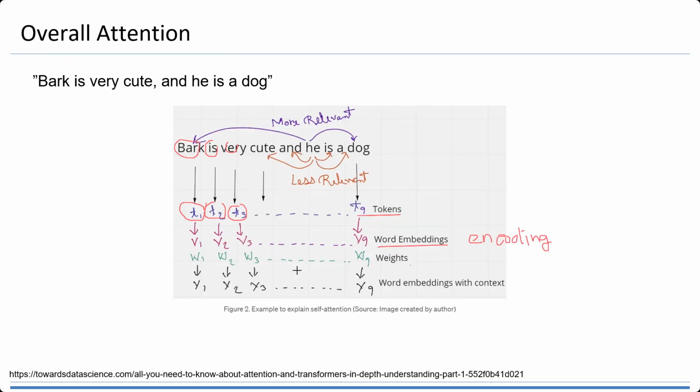Then we can calculate the weight based on this encoding, and at the end, we can have the word embedding with context. The context means we know the word he will be more relevant to this word, and this will be more relevant to the word dog.